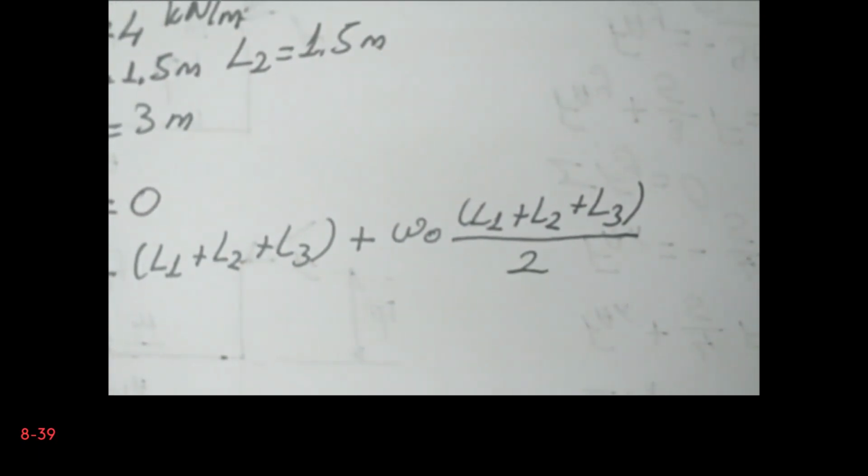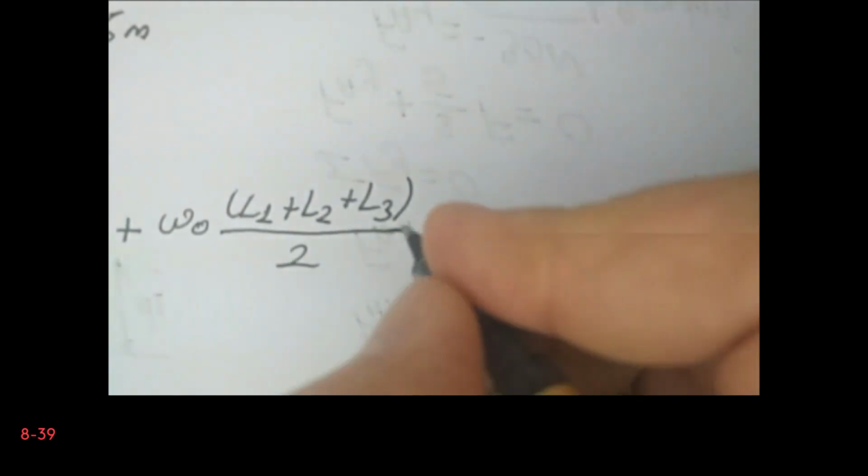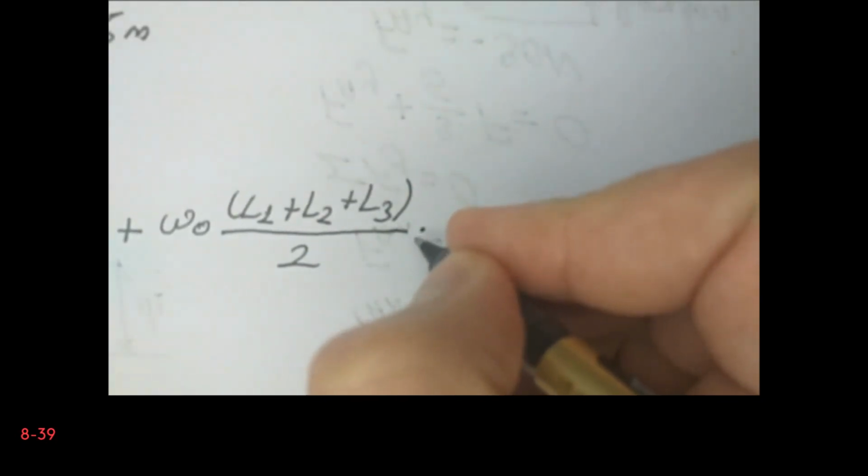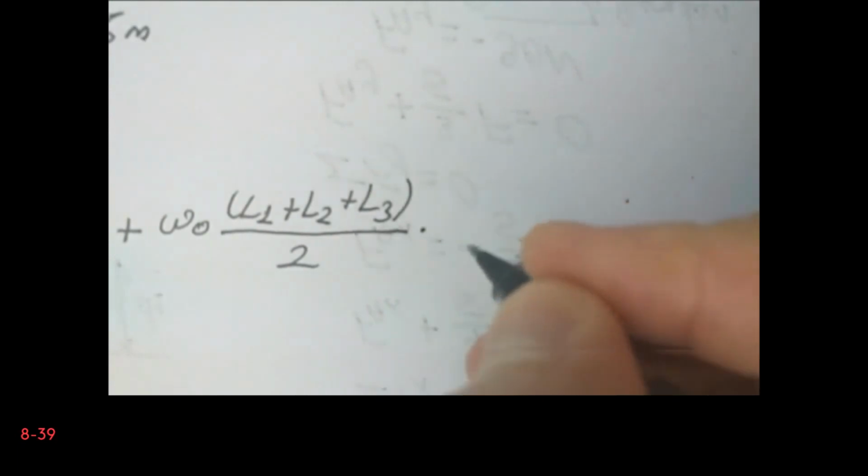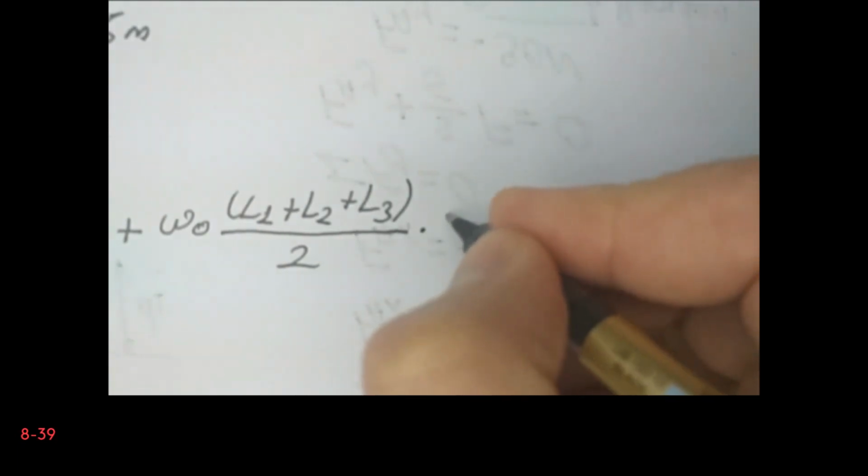And then the moment arm, again L1 plus L2, let's say. Load arm, because this is the distance of D from point A. So this is equal to 0.